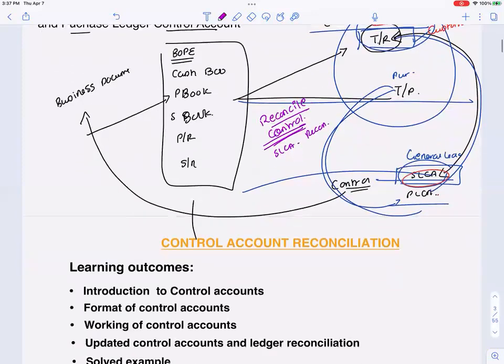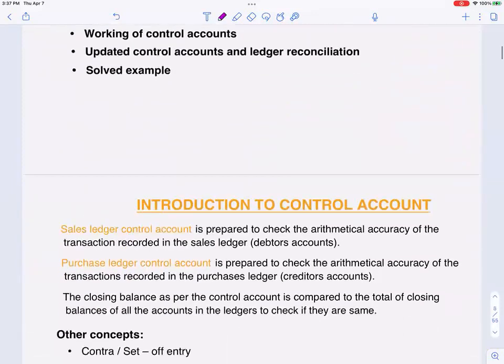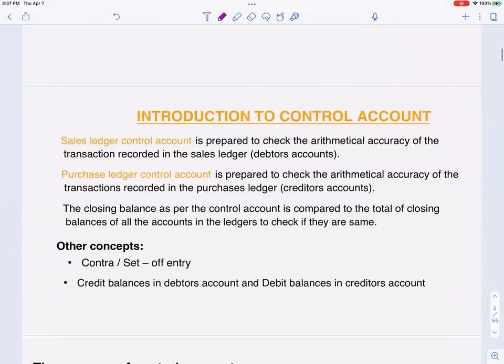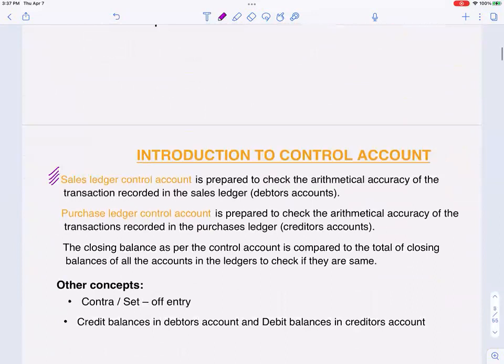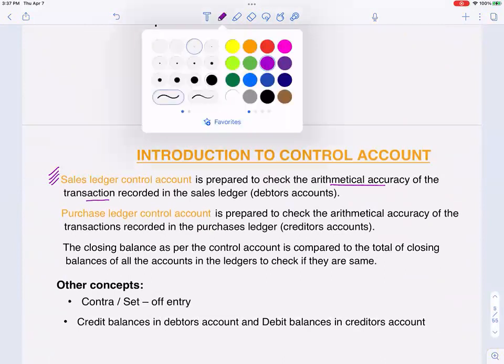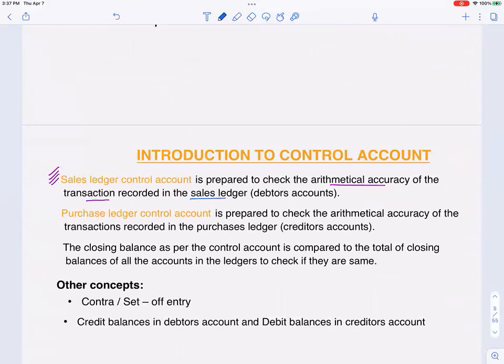So tell me, why is a sales ledger control account prepared? To check arithmetical accuracy of the transactions. Of which transactions? In the sales ledger. In the sales ledger, you have which account? Customer account.